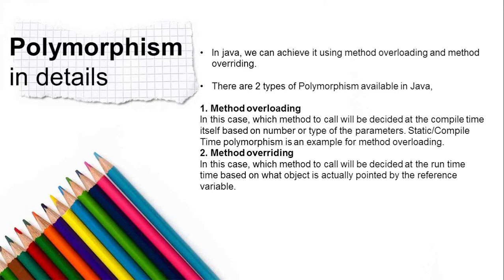The name is the same, the return type is the same, the number of parameters is the same, and the data types of the parameters are also the same. But the methods are written in different classes, and the classes are usually connected through inheritance, that is, one class inherits another class. So which object calls this particular method depends upon the runtime. So it is known as runtime polymorphism.